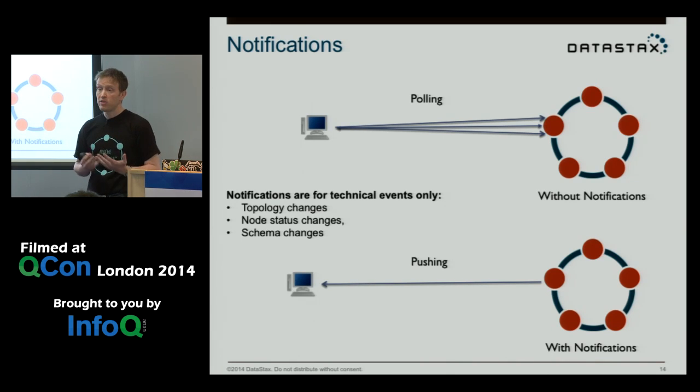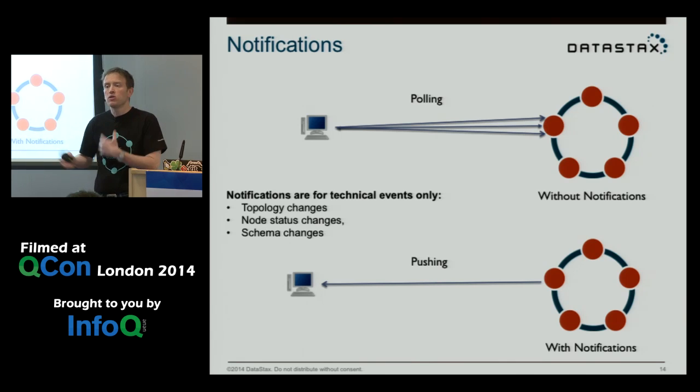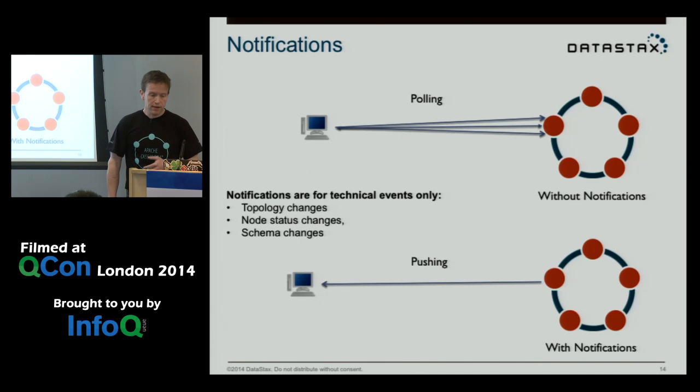And this type of data informs the client driver as to what it needs to be doing around load balancing, etc. The type of events you get back are topology changes, a node has gone down, a node has come up, changes to your schema. These are the type of things that get notified to the client driver, not data mutations. So you don't have, if this row changes, something tells me about it. It's just the technical stuff for the driver. But it's quite a handy thing to have.